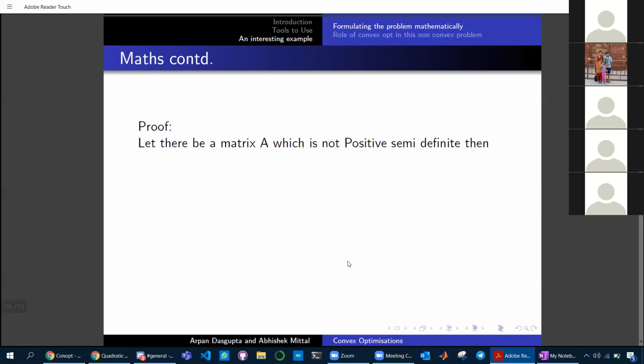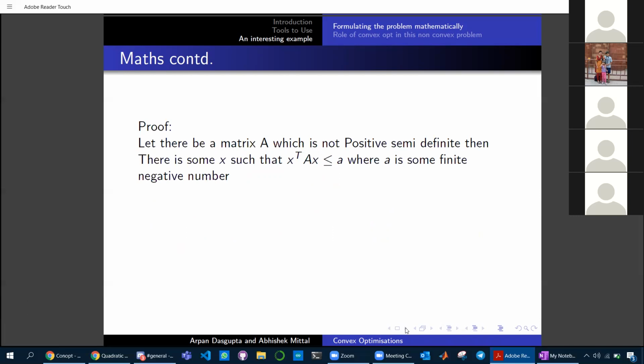The proof is that, let's say there is a matrix A which is not positive semi-definite. Then there is some particular value of x for which x transpose Ax is less than 0. So let me choose such an x whose x transpose Ax is a negative value, where a is some finite negative number.